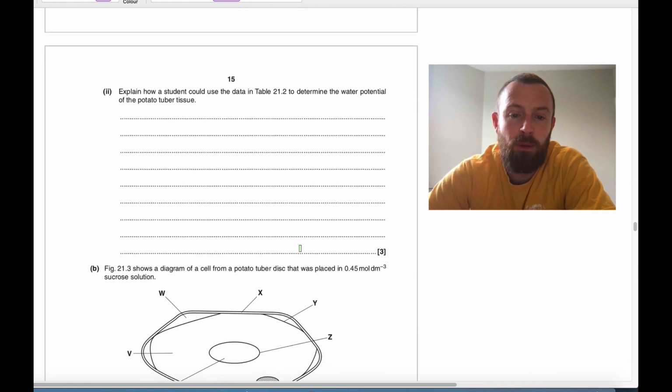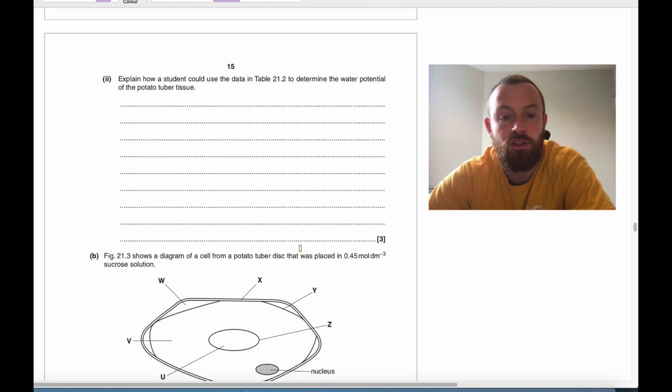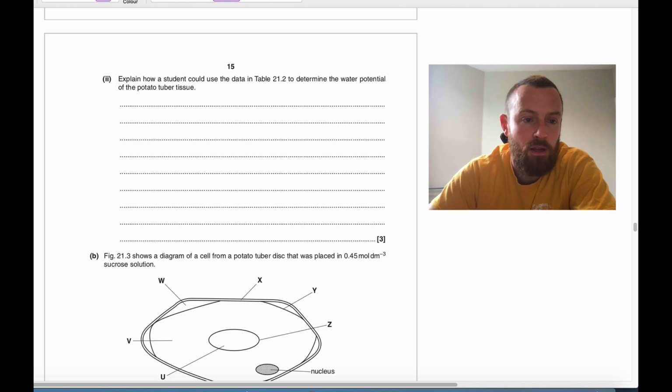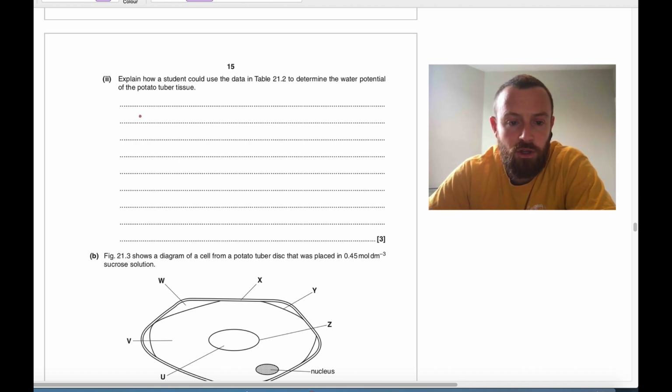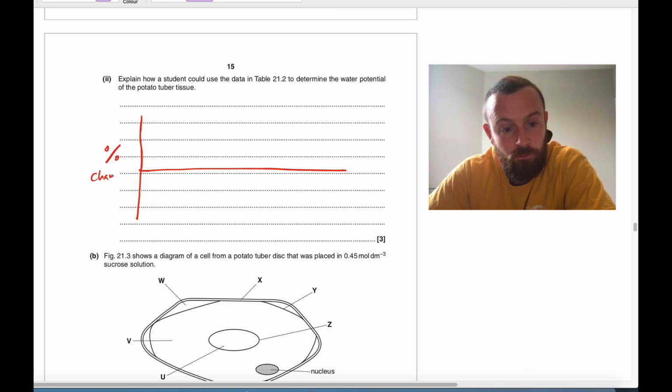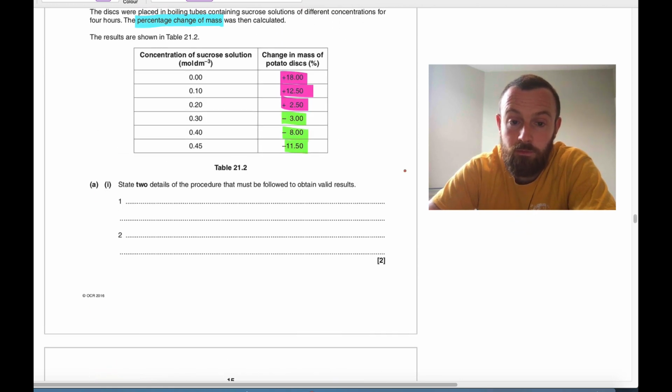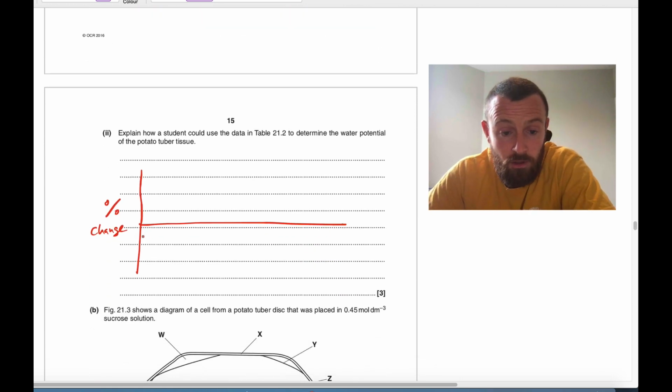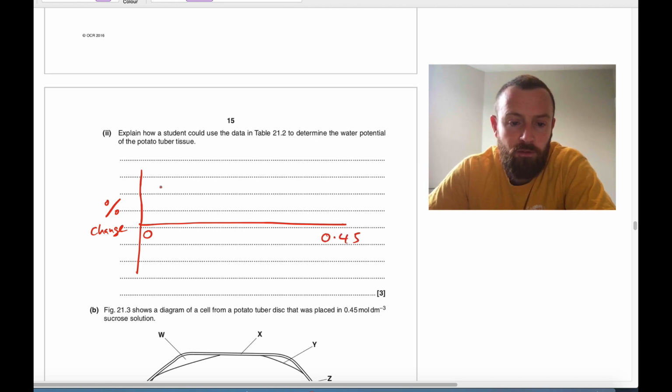Part 2, explain how a student could use the data to determine the water potential of the potato tuber cells. We're going to look at the mark scheme in just a minute, but essentially what you do is you plot a graph like this, and along here is percentage change, and along here is the concentration from 0 to 0.45 I think it is, and you have the values and you graph them like this.